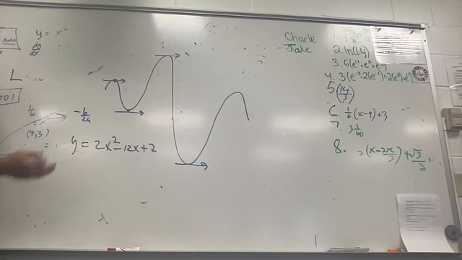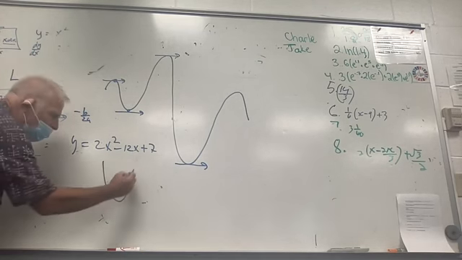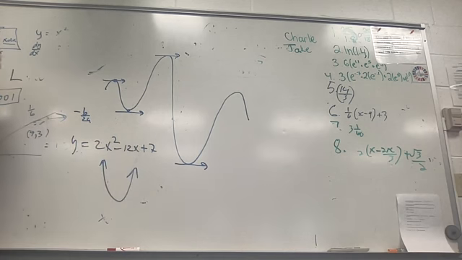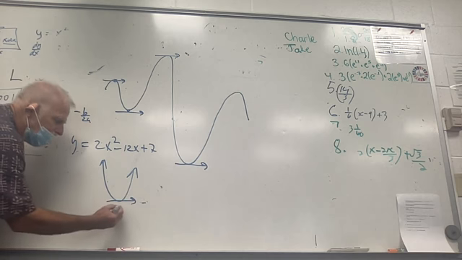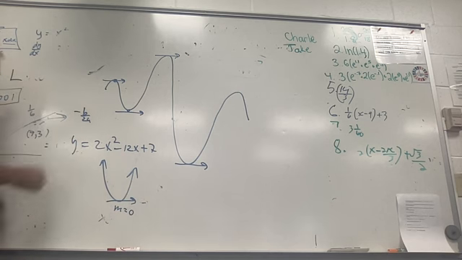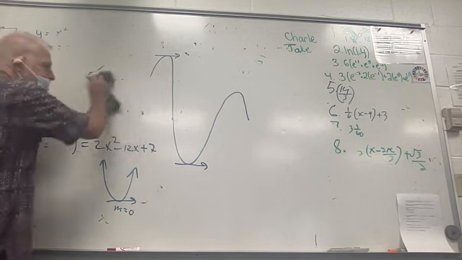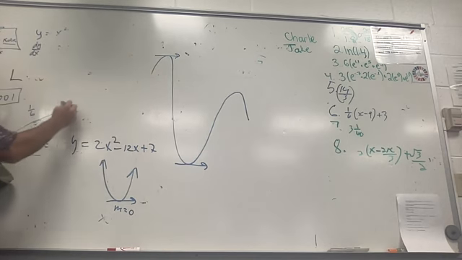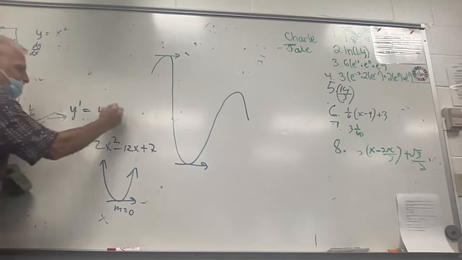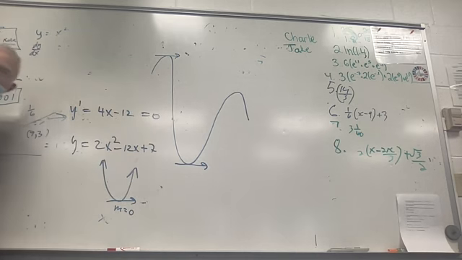But in calculus, we can do it too, because we think we know that that has this shape, yes? So therefore, we set its derivative to 0. What is the derivative of that? Yes, the derivative y prime is 4x minus 12, and we set it to 0. And all of a sudden, we know the important x value, yes?